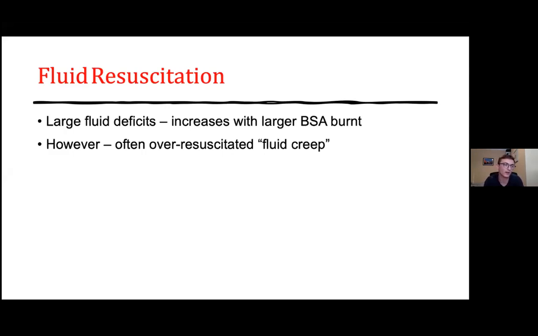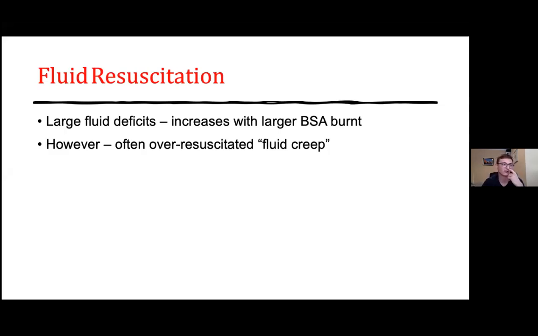As we mentioned, you get third spacing of fluid into the interstitial space and reduced cardiac contractility, which contributes to the shock as well. The maximum intravascular hypovolemia is classically said to occur between 8 and 12 hours after the injury. So it's really important to give adequate fluids to these patients.